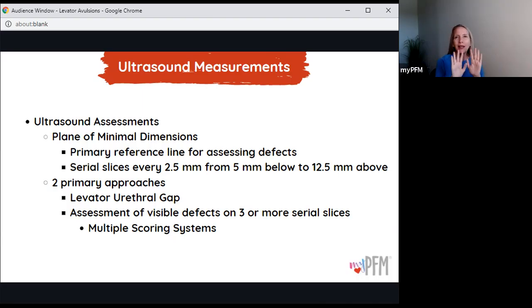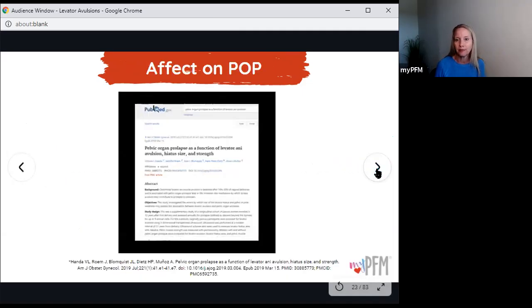That is just an analogy. That is actually not numbers. So I'm not here to share with you all of the different scoring systems and how radiologists score levator avulsions, but just understand that there are multiple scoring systems out there and that they use those serial slices, and that's how they categorize what type of levator avulsion is there.